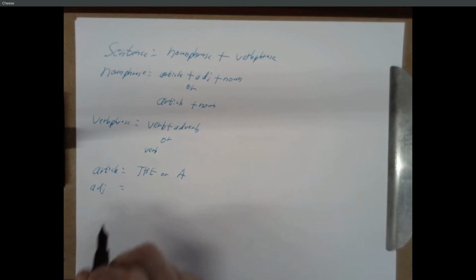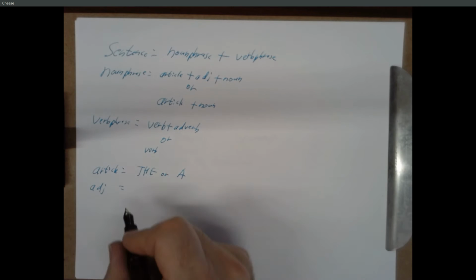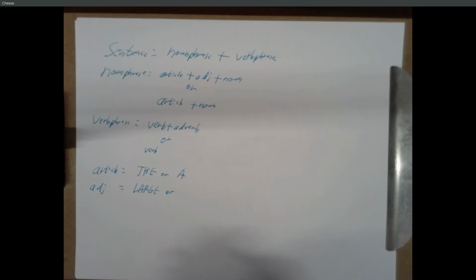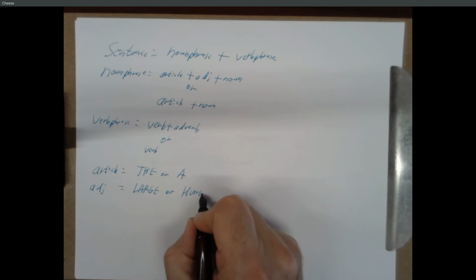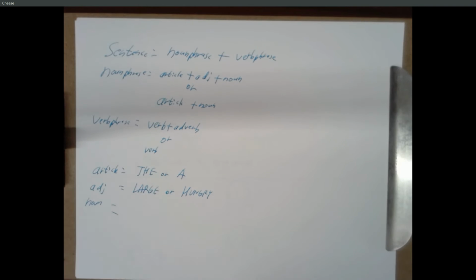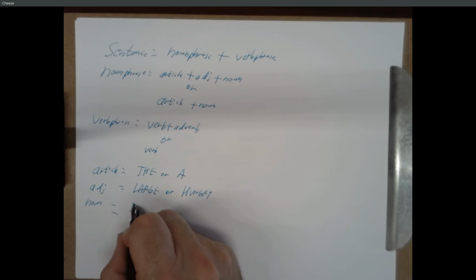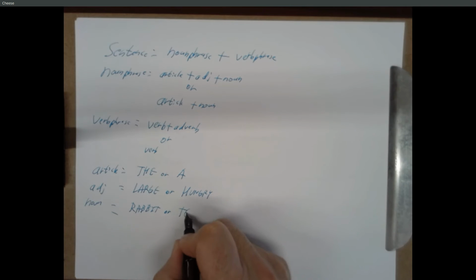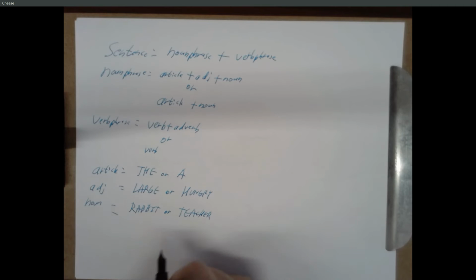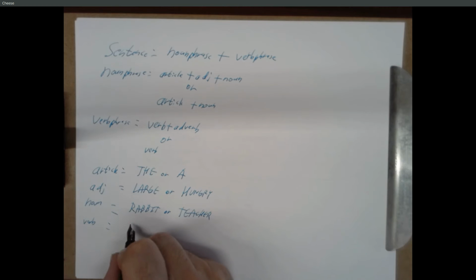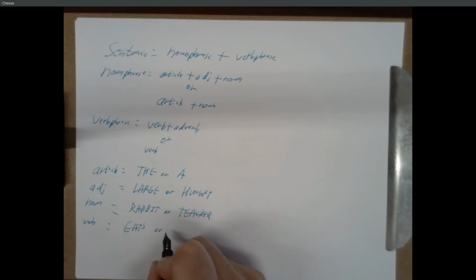An adjective could be large or hungry. A noun could be a rabbit or a teacher. A verb could be eats or hops or talks.